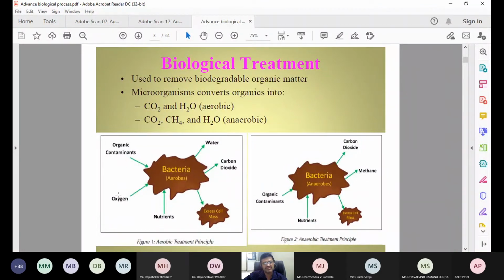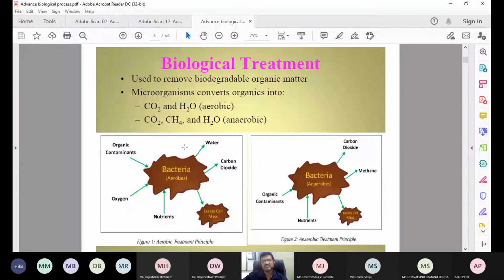Organic matter plus oxygen. We have learnt in our schools, the respiration reaction: C6H12O6, that is glucose, which is also organic matter. C6H12O6 plus O2 gives CO2 plus H2O plus energy. So bacteria are doing that only, the same thing for getting energy.